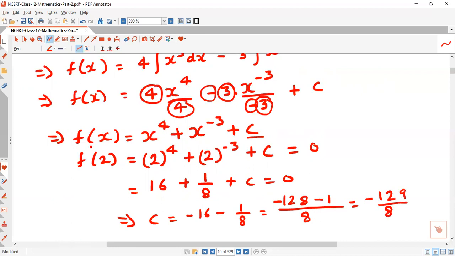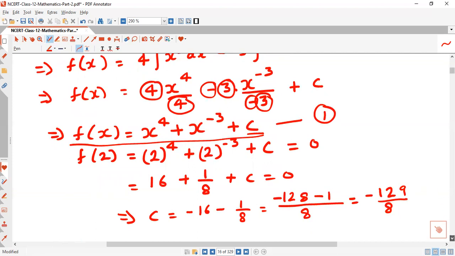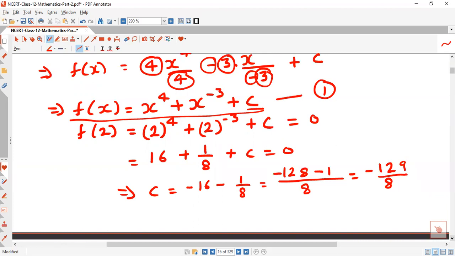So the value of c is now known to us. We put this value of c in equation number 1. So the function becomes, I write down the function here, the answer: f(x) will be equal to x raised to 4 plus x raised to minus 3 minus 129 upon 8.